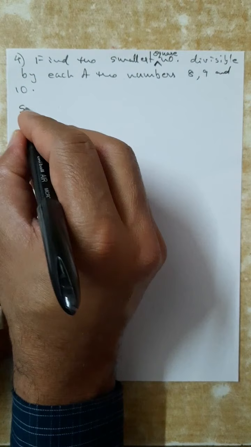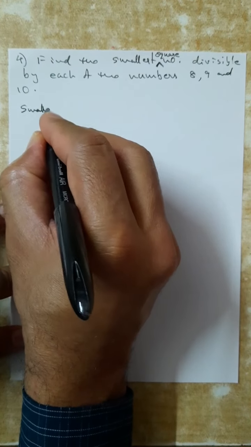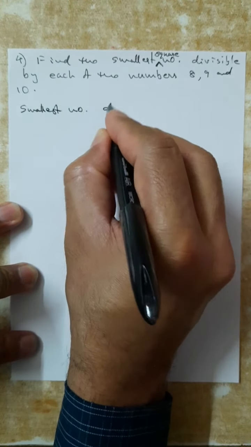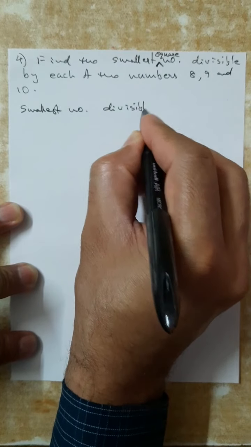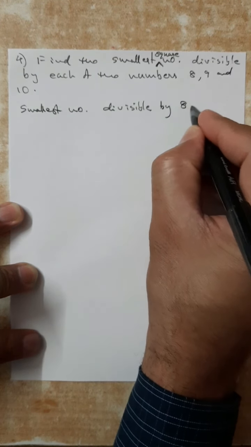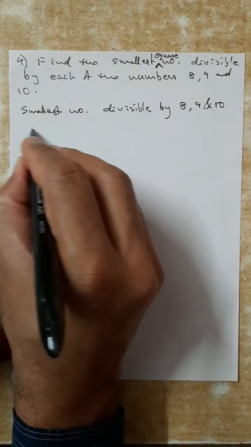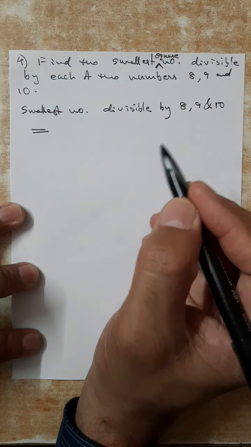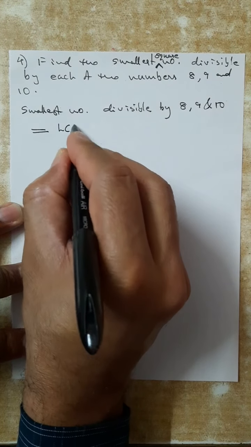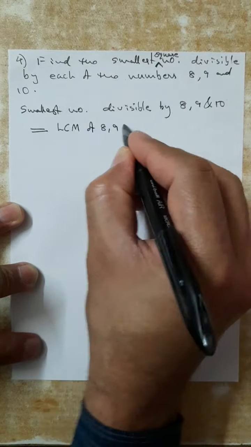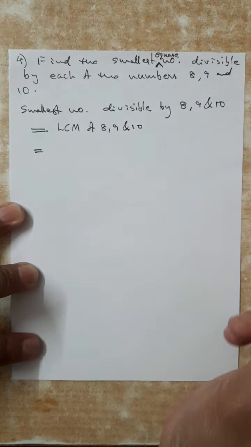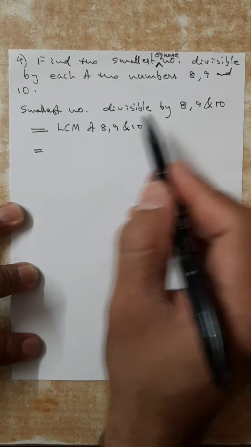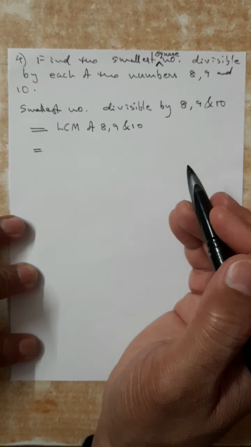So we can write: smallest number divisible by 8, 9 and 10 is the LCM of 8, 9 and 10.